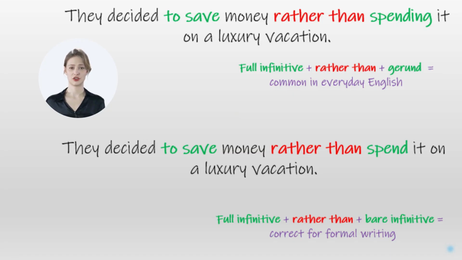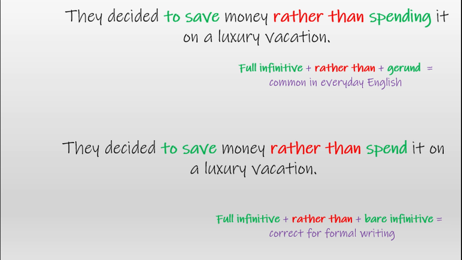Let's pay attention to the structure. They decided to save money rather than spending it on a luxury vacation. In this sentence, "save" is in the infinitive form, while "spending" is in the -ing form. This mix of forms, infinitive and -ing form, is not traditionally considered the best practice in terms of parallel structure, but it's commonly used and understood in everyday English.